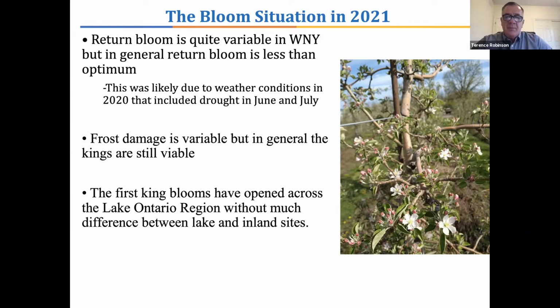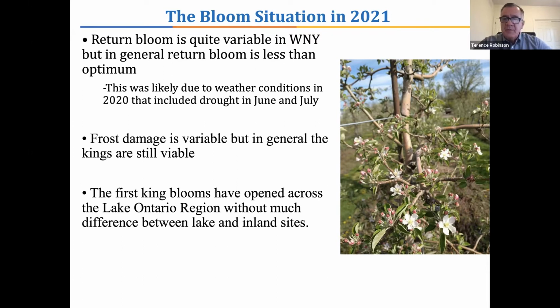An additional problem that's come along is some frost damage. Now, we escaped, I think, generally in Western New York along the lake, the frosts of 10 days ago. And I think there's relatively little frost damage, but there are some sites that got down below 25, in the 24 and 23 range, where we would expect between 10 and 50% damage to king blossoms.